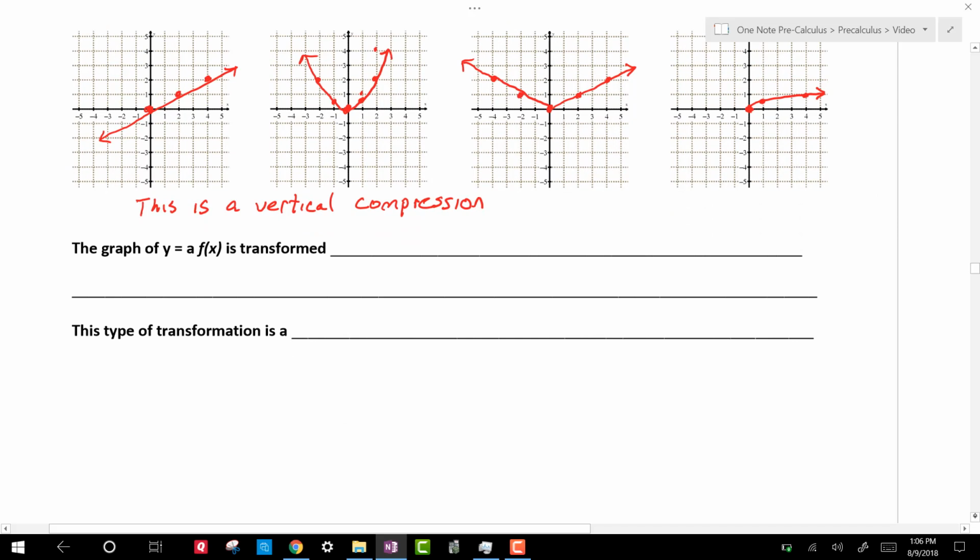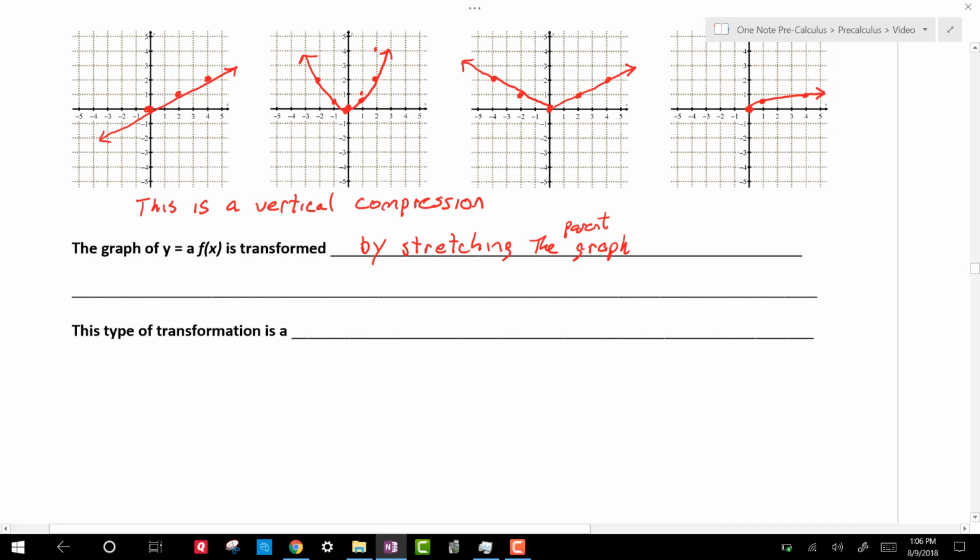All right? This graph of y equals a times f of x is transformed by stretching, I should say by stretching the parent graph, okay, because that's the key. We're always looking at the parent.